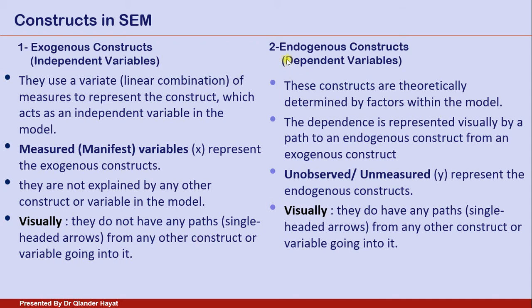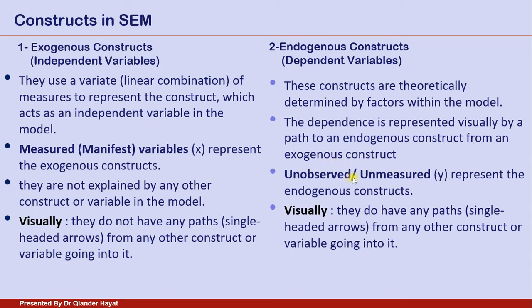When we talk about the endogenous constructs, these constructs are theoretically determined by certain factors or other variables within the model. The dependence is represented visually by a path to an endogenous construct from an exogenous construct.